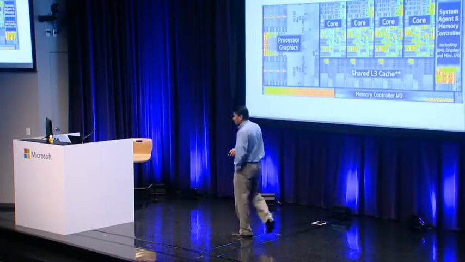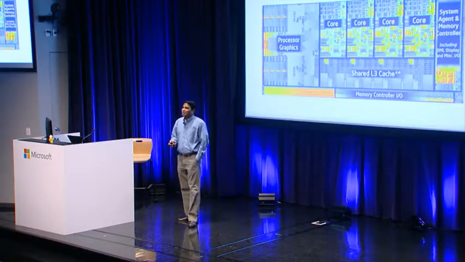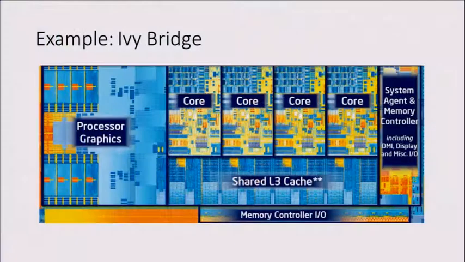So what does all of that provide us, the benefit? So this is an Ivy Bridge lithograph or processor's image. You see 4 cores here, and a lot of real estate given to the integrated graphics processor.